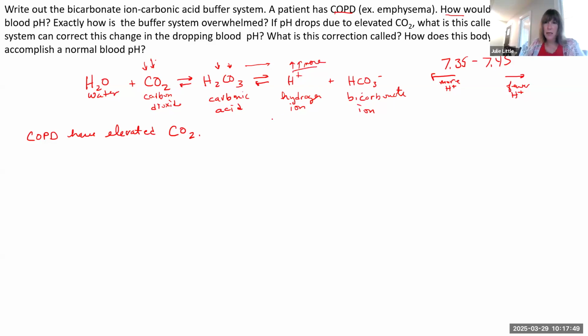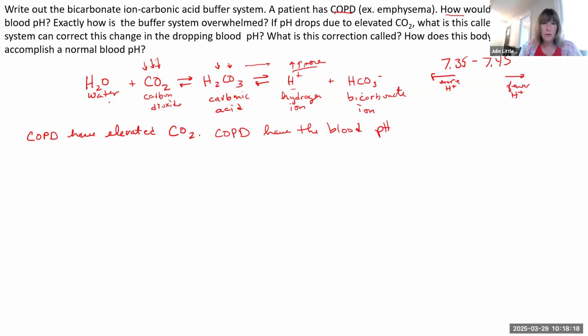So ultimately, how does having COPD affect their blood pH? COPD patients have lower blood pH. Not always, because their body may be compensating, but this is the potential. It drops the pH because we're adding hydrogen ions. If we add carbon dioxide, it combines to form carbonic acid, and then we have more of it.